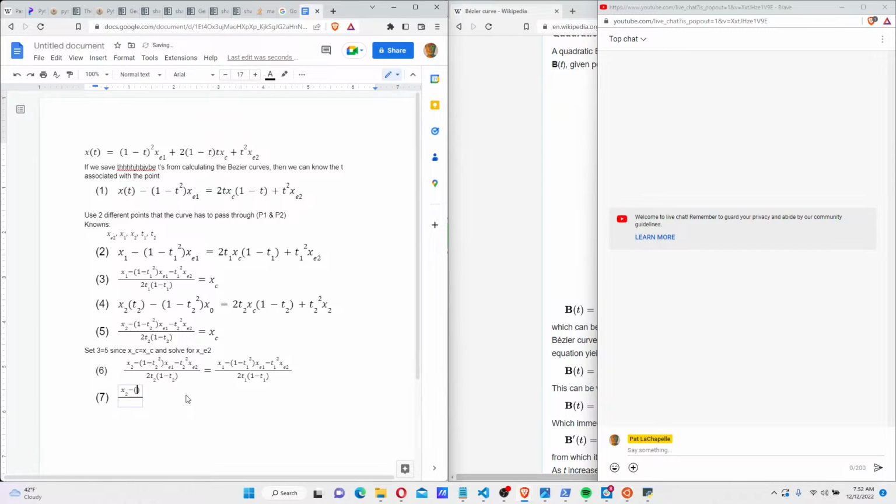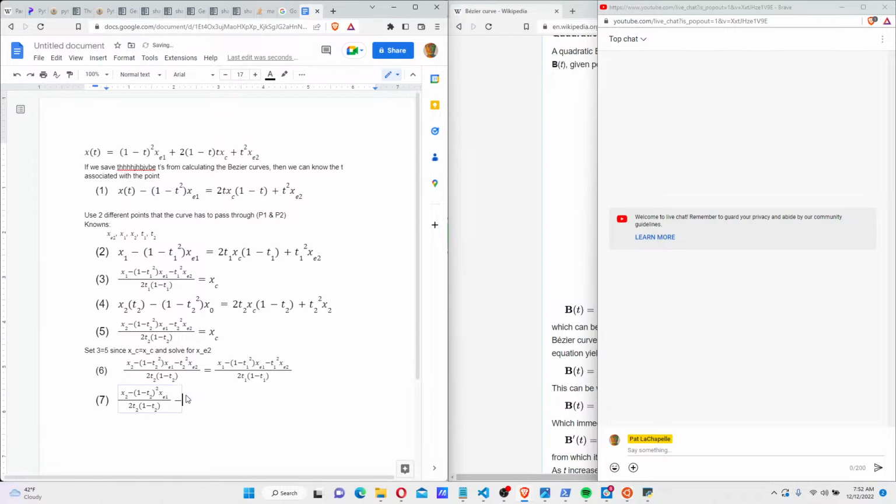x2 minus the quantity 1 minus t2, squared, multiplied outside by x sub e1. And then the bottom is just 2 t2 times 1 minus t2.